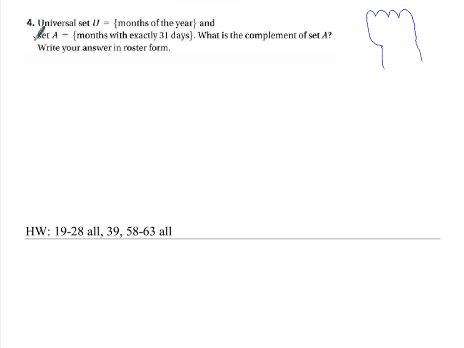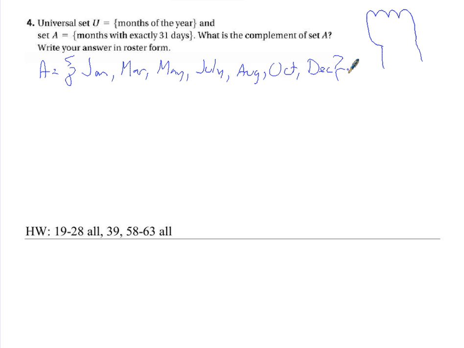Okay, so set A is the months with exactly 31 days. In roster form, that would be January, March, May, July, August, October, December. That's A. What's the complement of A going to be then?